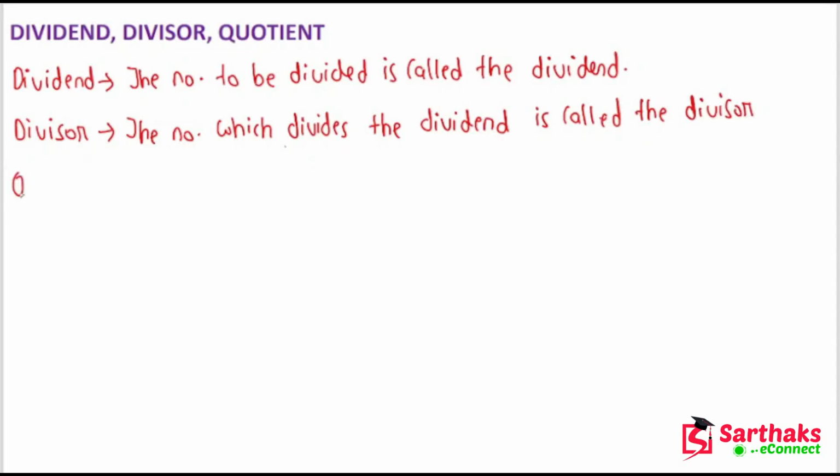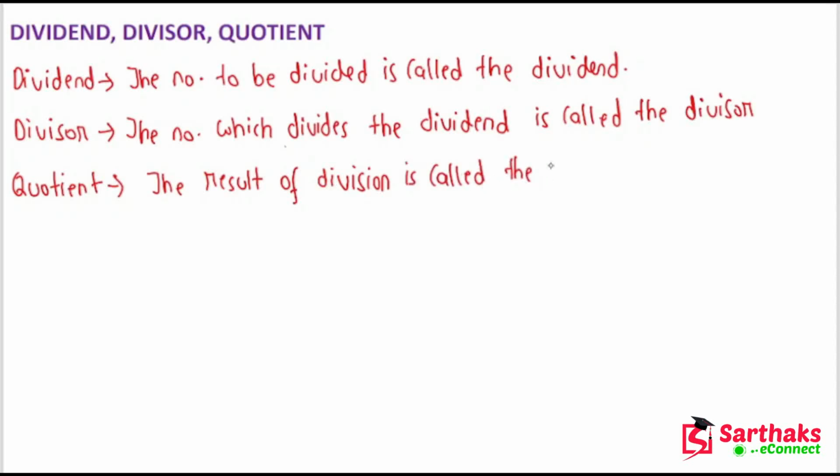And what do we mean by the word quotient? How many times the divisor divides the dividend? So that is called quotient. The result of division is called the quotient.